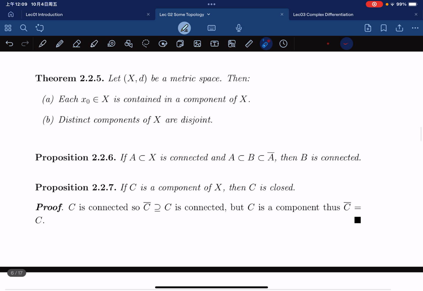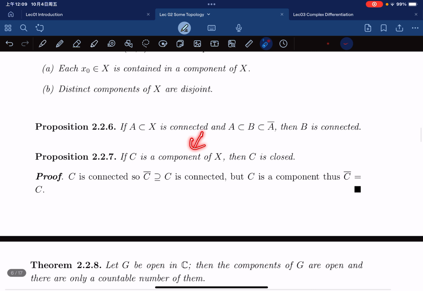And we also have that if A is connected, then any set B that's between A and A bar is also connected. This gives this result: if C is a component, then it's closed, right? Because first of all, C is connected, then C bar is also connected.